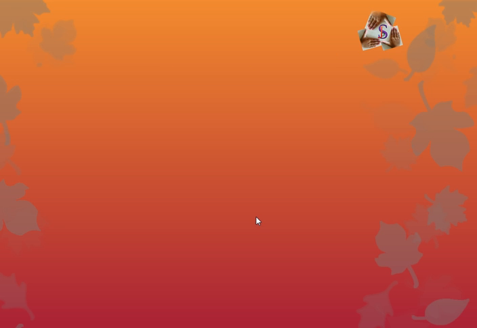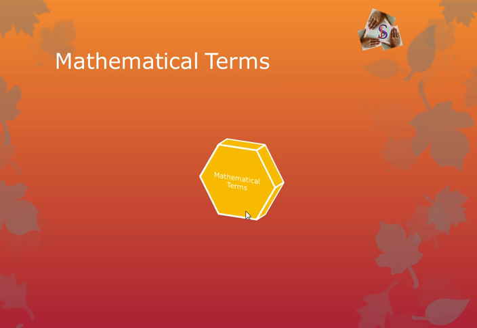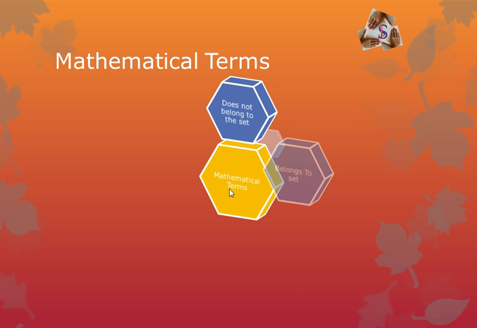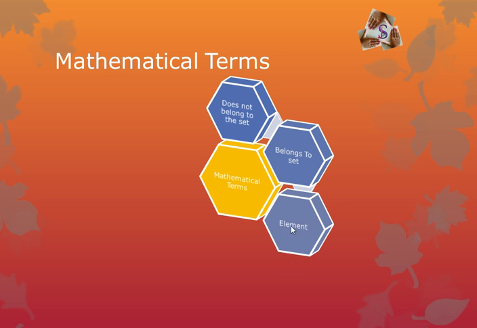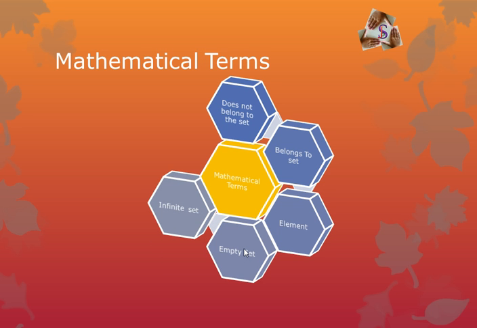Now let me summarize my presentation by quickly recalling the various mathematical terms that we have used in this presentation. When we say it does not belong to the set, how do we depict? Belongs to the set, what do we mean by that? What do we mean by an element? What do we mean by an empty set? What do we mean by an infinite set?